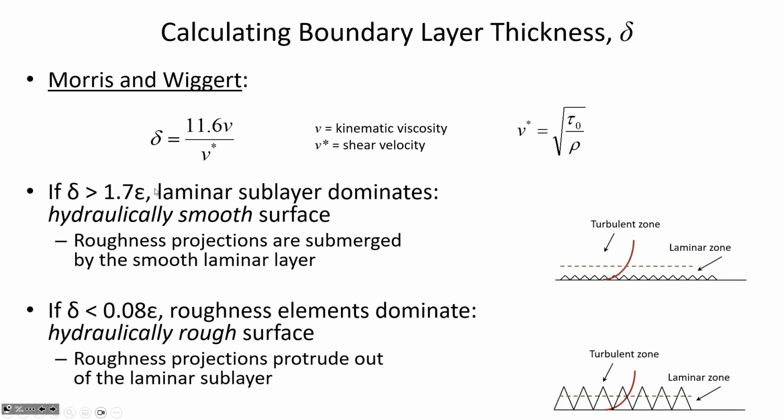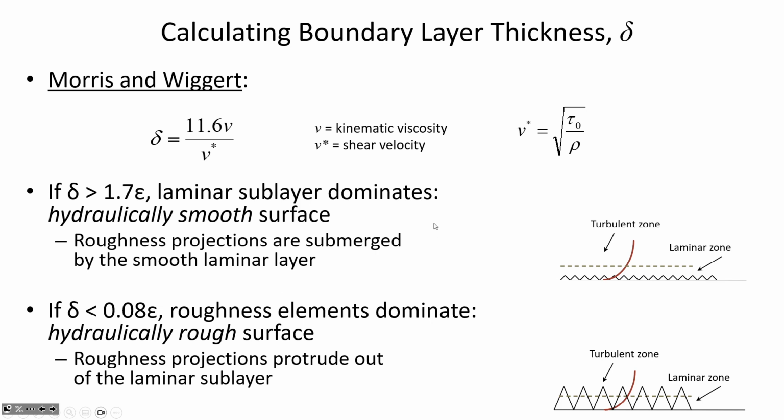It's hydraulically rough if the boundary layer is less than 0.08 times the thickness. So those are two pretty extreme cases, like there's a lot of middle ground that either isn't hydraulically smooth or isn't hydraulically rough. It's in the middle where what we'll find is the relative roughness and the Reynolds number both play a role in determining the friction factor.